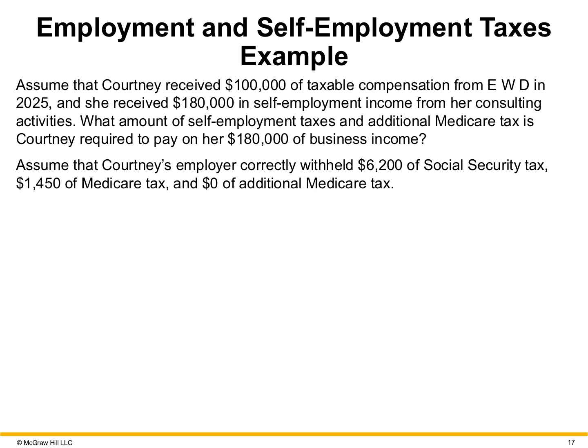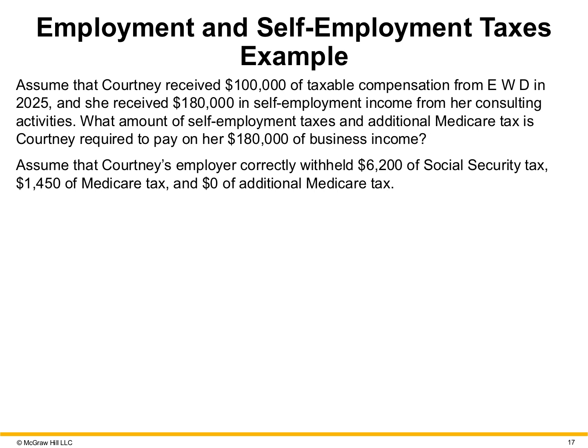So in our example, we are going to assume that Courtney received $100,000 of taxable compensation from EWD in 2025, and she received $180,000 in self-employment income from her consulting activities.